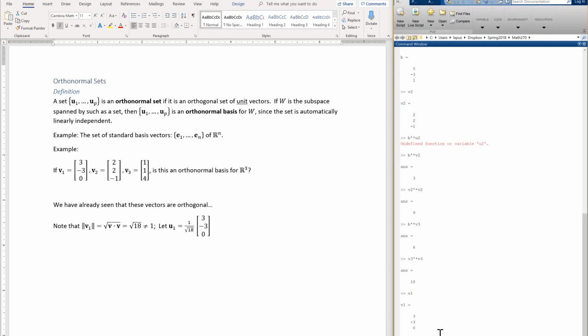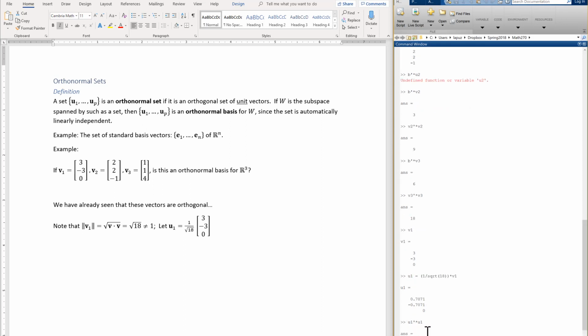And then we get this, and so we want to figure out what U1 dotted with U1 is. And remember, the dot product is really a matrix multiplication with a transpose.